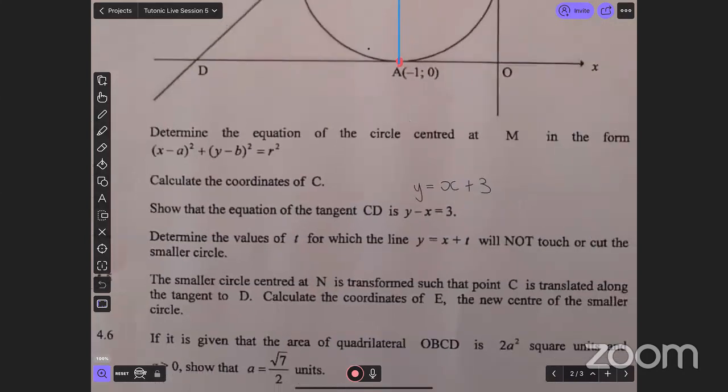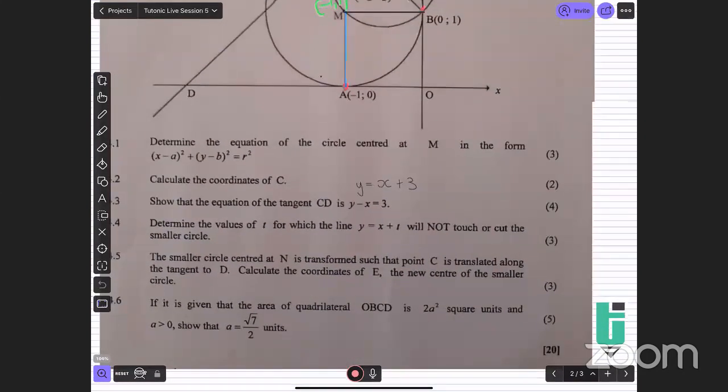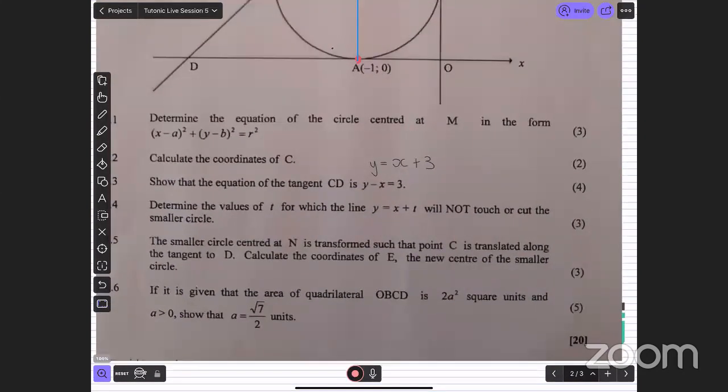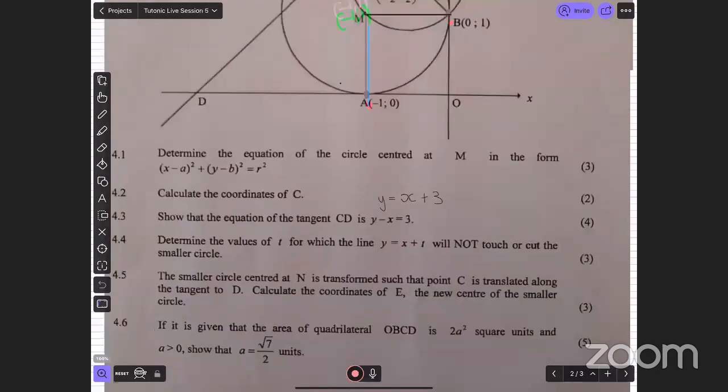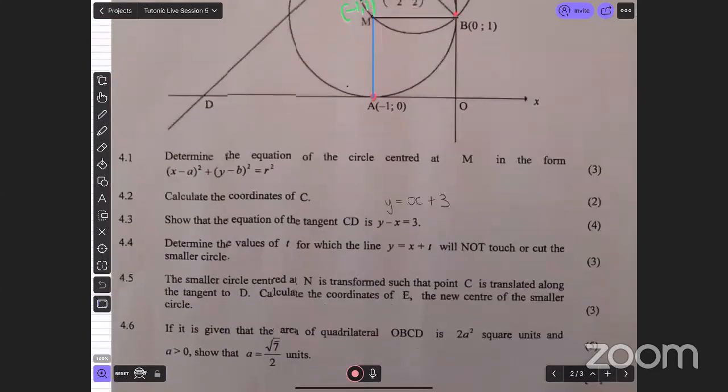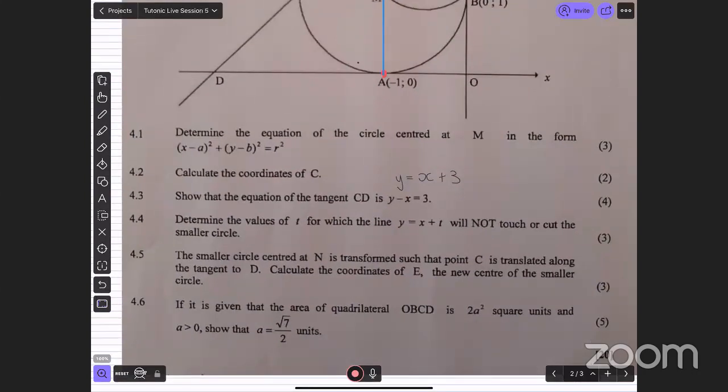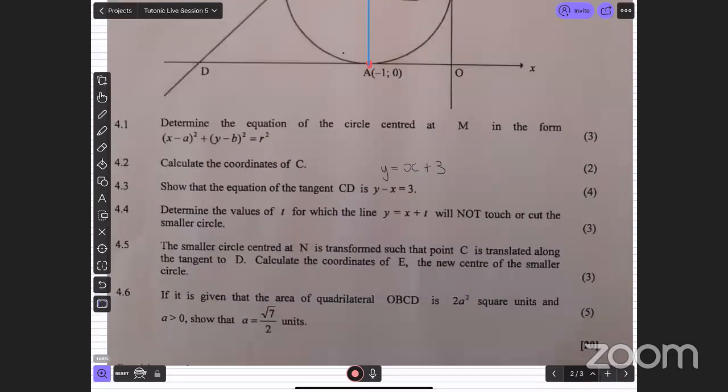Okay, determine the values of t for which the line y equals x plus t will not touch or cut the smaller circle. I think I have done a question like this before. Now, Naima, I want you to try and break down this question for me.